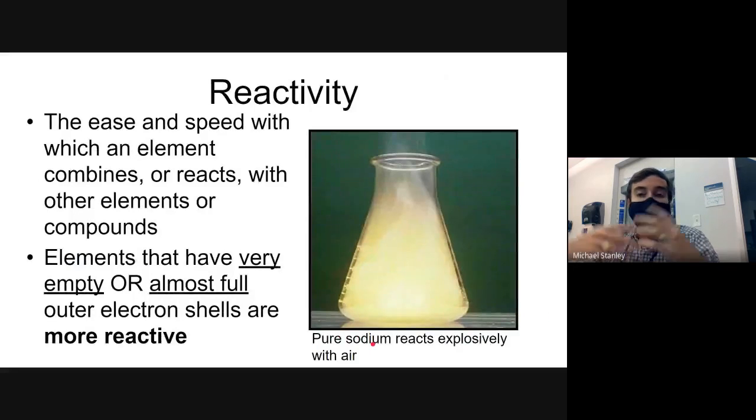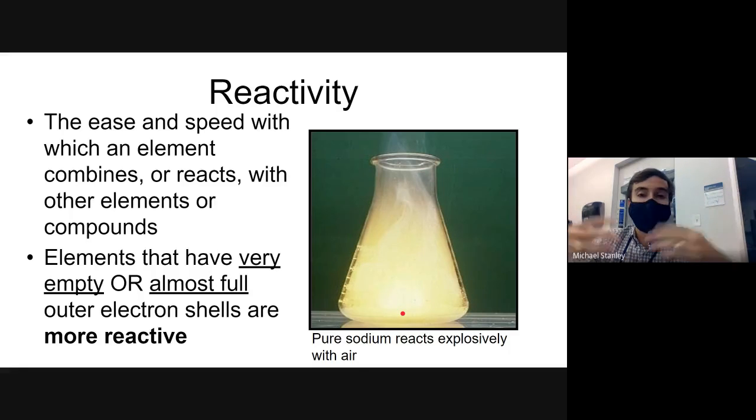Sodium in its pure state is so reactive that even if you expose it to just a little bit of moisture in the air, it'll catch on fire and almost explode. All because it has a very, very high reactivity. It really wants to do something with that one lone electron.